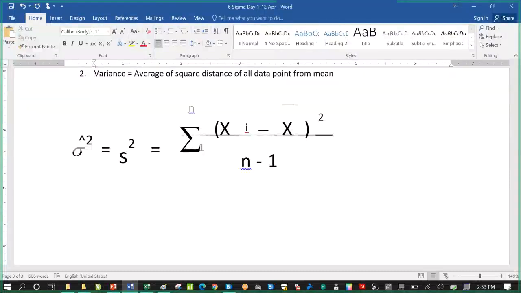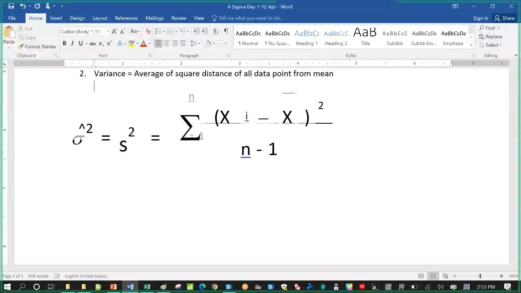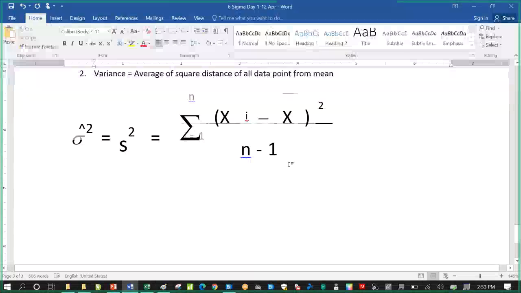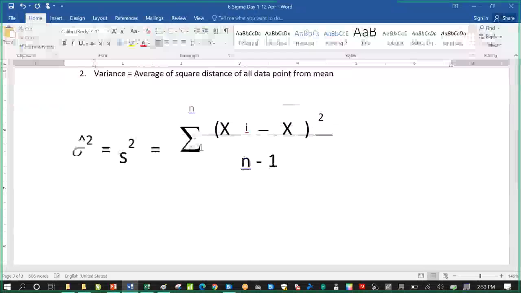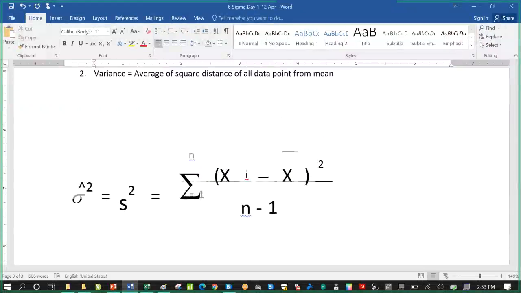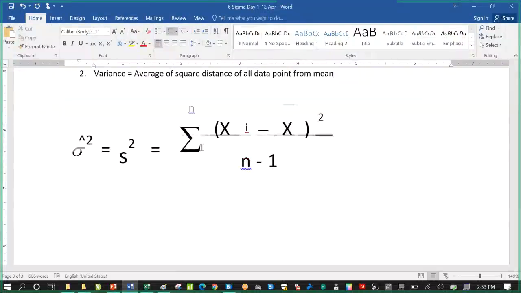Sir, the standard way of representing variance is S square. So from the final answer, we just need to take the square root for the standard deviation. Yes, yes.